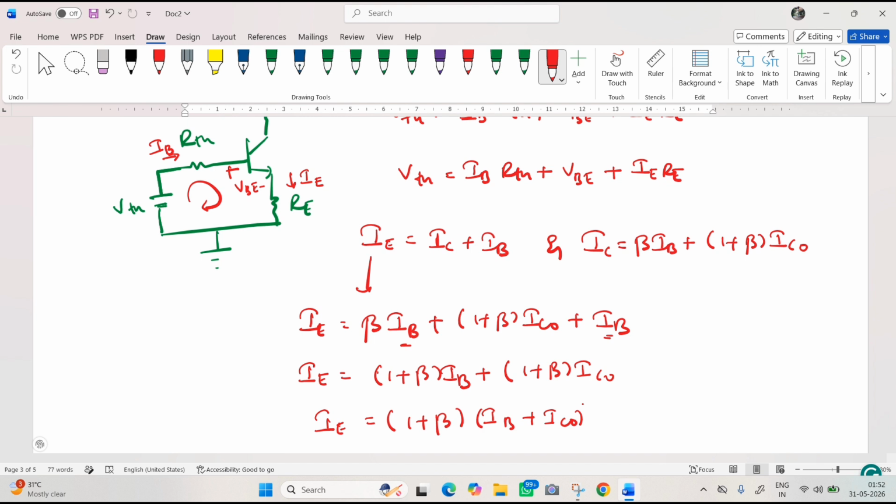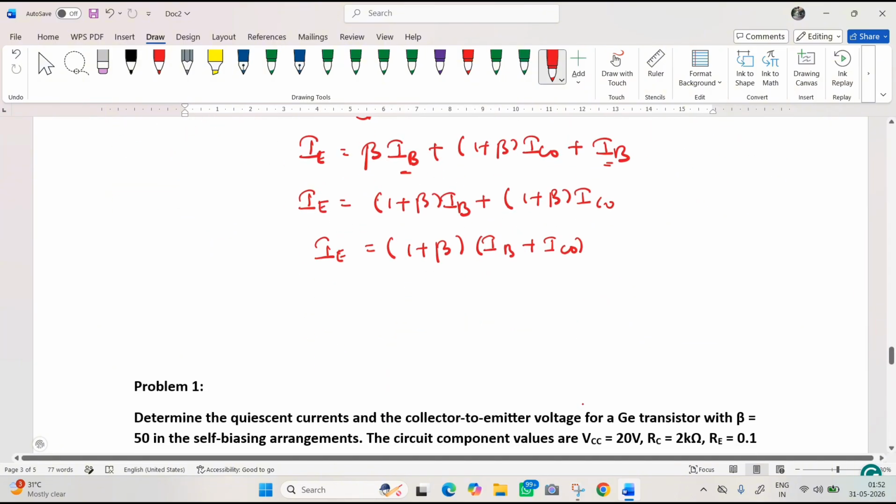Now let me try to find this VThevenin here. Let me try to substitute this IE value in VThevenin's expression.